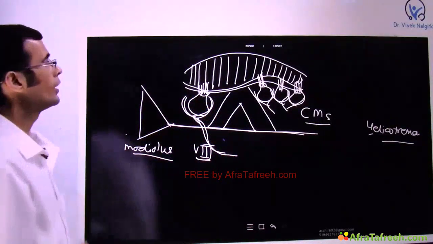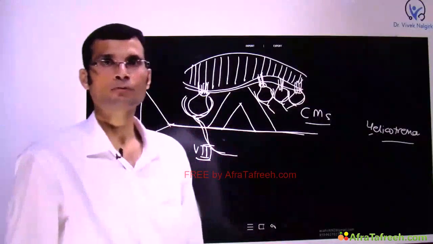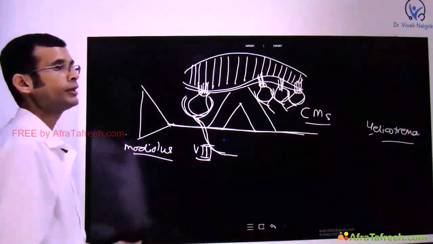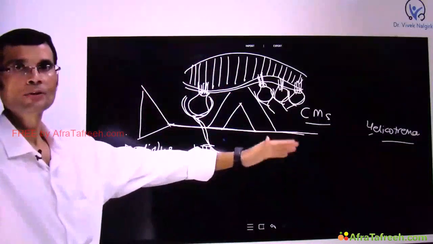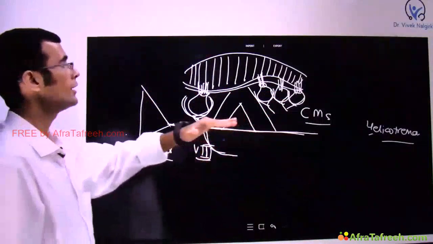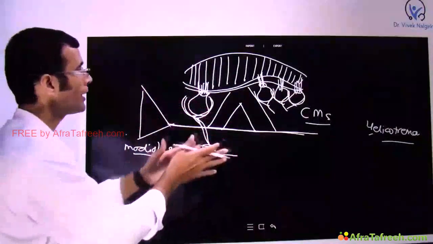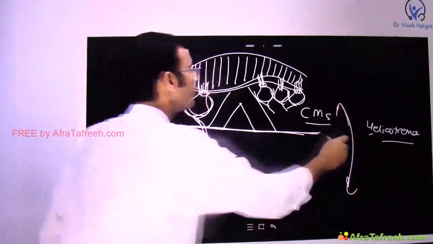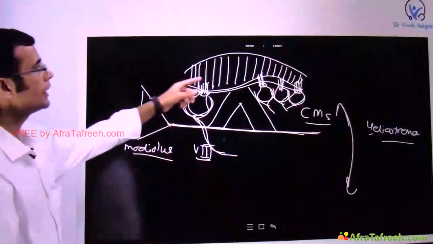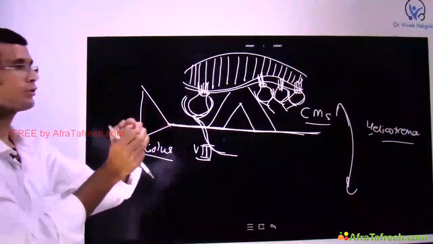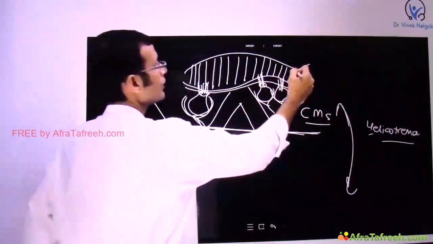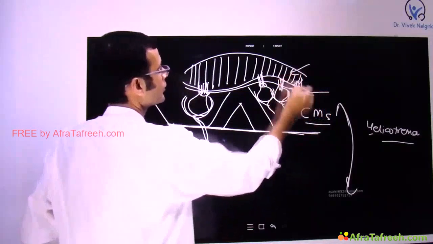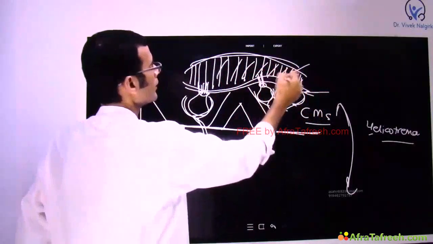So how the transduction of sound will occur, meaning how it will be converted into electrical potentials, is this. When the basilar membrane vibrates due to the sound energy, the pressure in the sound will cause vibration of the basilar fiber, and as the basilar fiber vibrates, there will be a shearing force generated between the reticular lamina and the tectorial membrane.